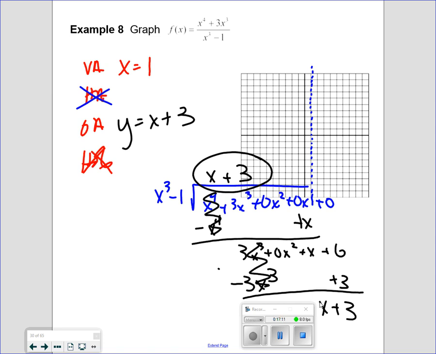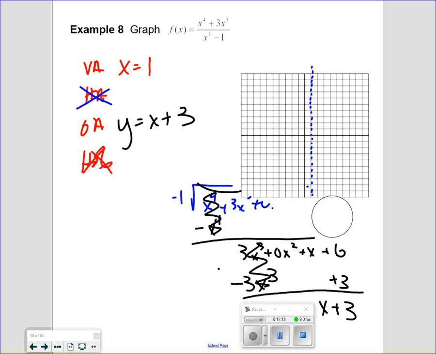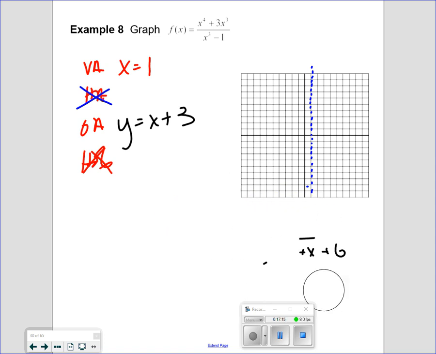So I got a little bit into my graph. So I'm going to erase this just so I can look at the graph a little better. All right, here we go. Y equals x plus 3. Positive 3 is the y-intercept with a slope of 1, and it is an oblique asymptote. Some people also refer to that as a slant asymptote.